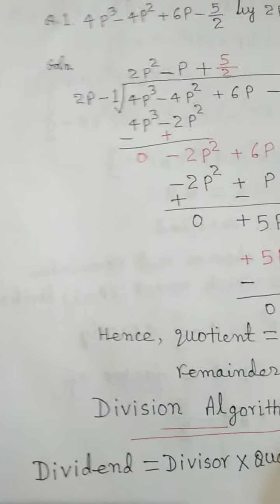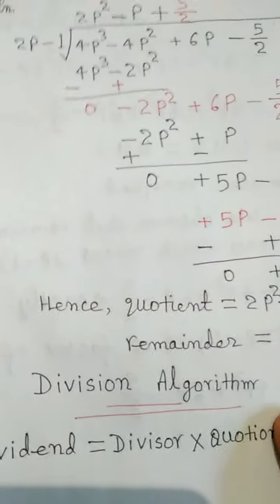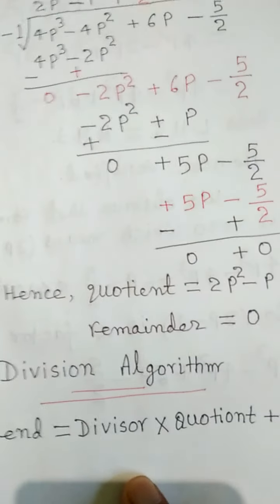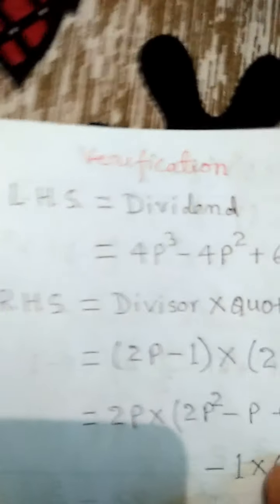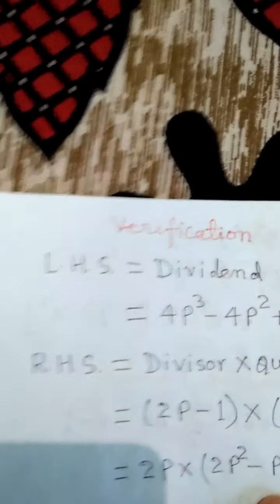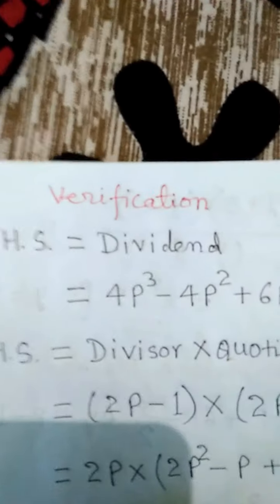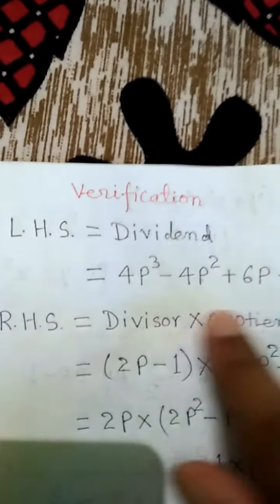Now the division algorithm to check whether our division is correct or not. Dividend is equal to divisor into quotient plus remainder. Now verify. Verification. LHS is equal to the dividend.